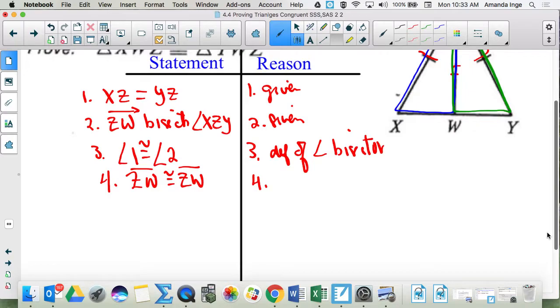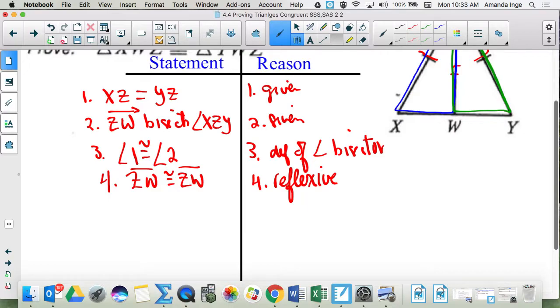ZW is equal to itself. Say that again. Reflexive. Yes, good job. Reflexive. All right. So we could say reflexive property of segments, but reflexive, fine.